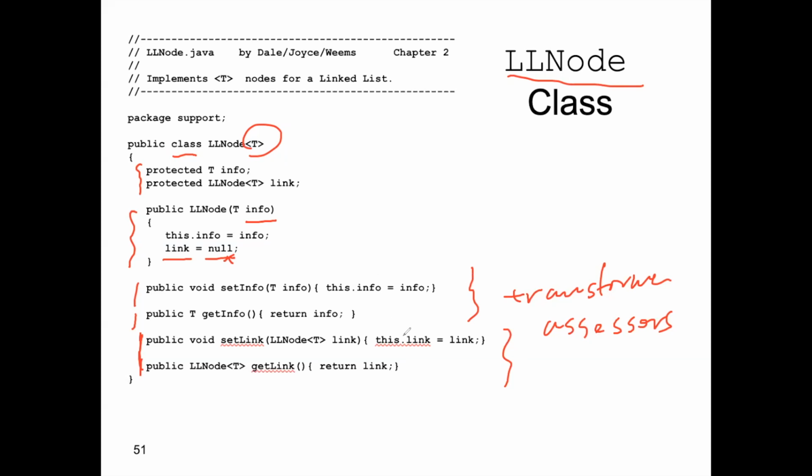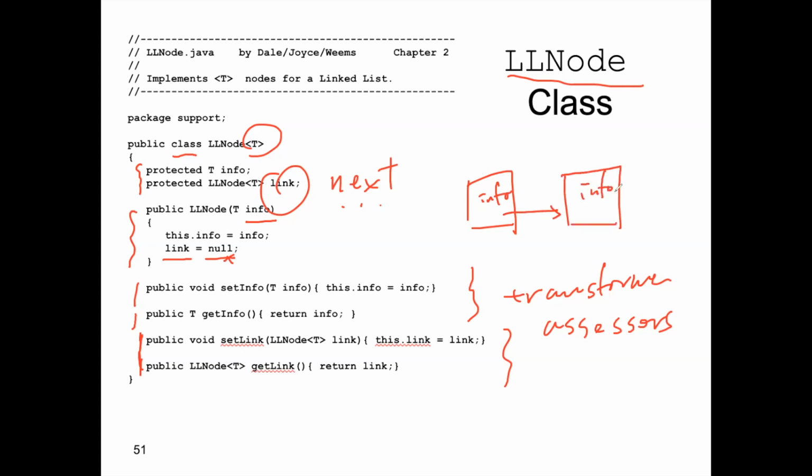In some textbook references or industry, we simply name this link as next, which is really a pointer pointing to itself or to another instance of the same class. So for example, this node class if you chain this together with other nodes, then you can simply have its own unique information inside each node chained by this next, or in this case, link.